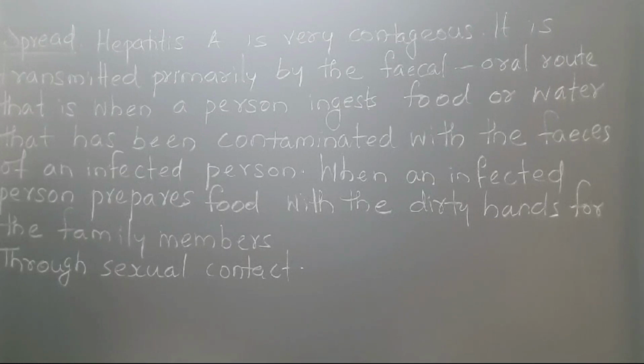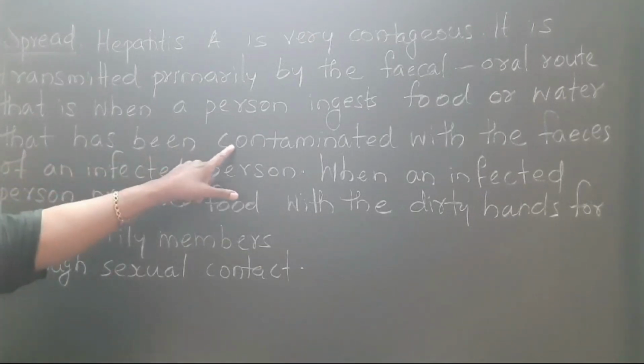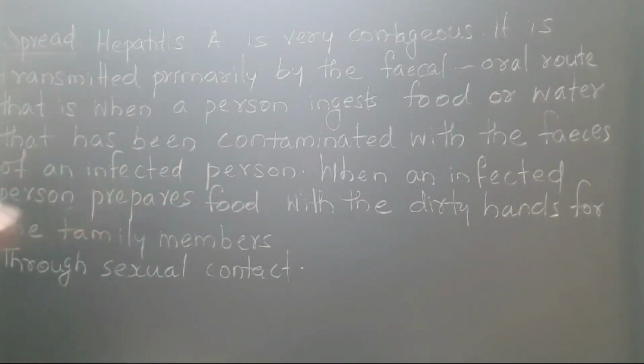It is a very contagious disease, and this disease is transmitted by the fecal oral route. How? When a person ingests food or water that has been contaminated with the feces of an infected person, then you are sure you will get the disease.